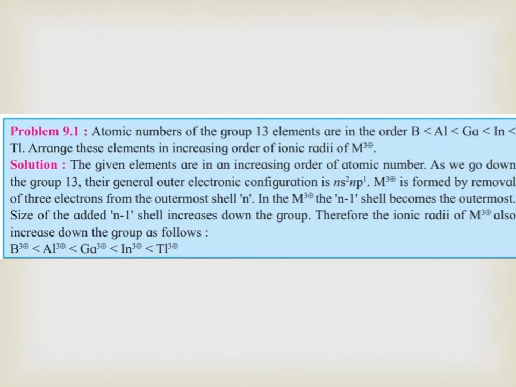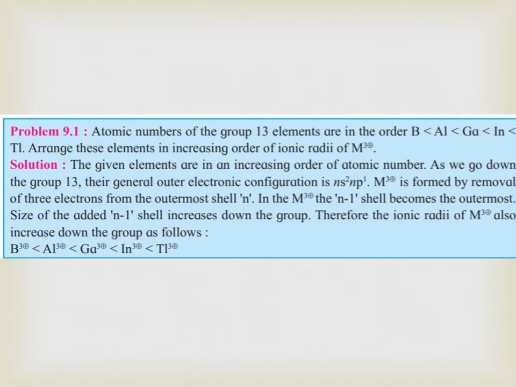So when a particular atom acquires M3+ charge, it means that the outermost shell is removed. That is, the outermost shell n is removed, and the new outermost shell formed is the n minus 1 shell. So for the neutral atom, n is the outermost shell, and for M3+, the n minus 1 shell becomes the outermost shell.